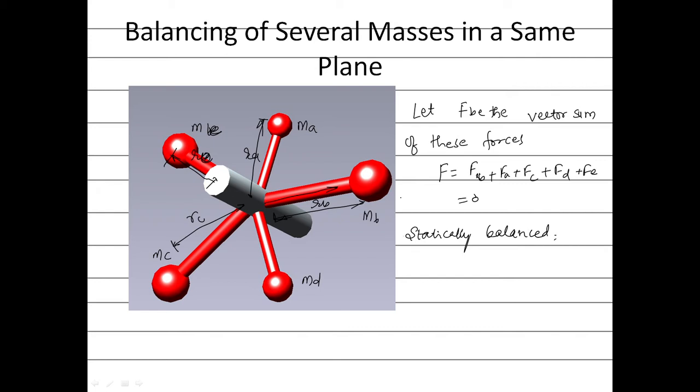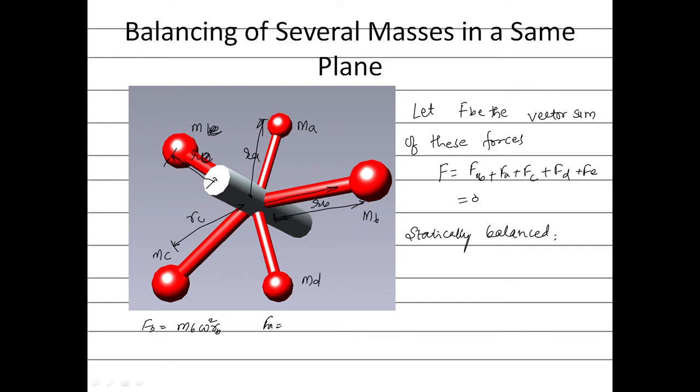Now if you write the equation for centrifugal force, let us take FB as the centrifugal force due to the balancing mass. This is mb omega square rb.